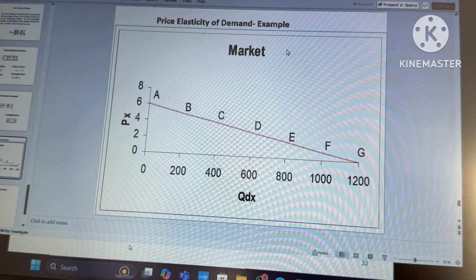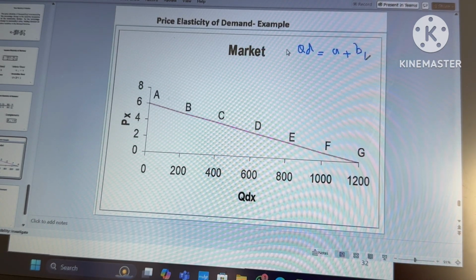And I think I told you how to get the equation for this demand curve as well. So I'll remind you again. What is the formula for the demand equation? QD is equal to A plus BP.